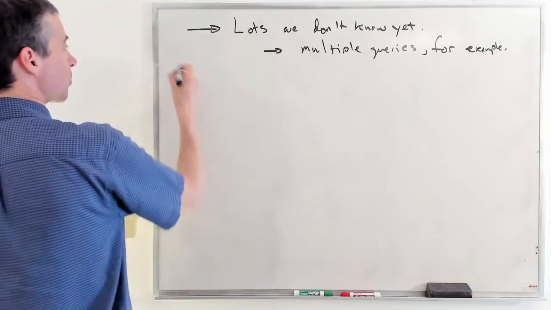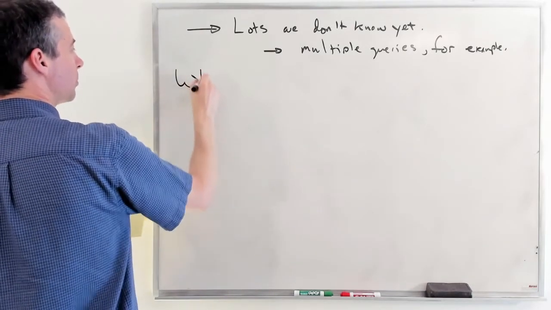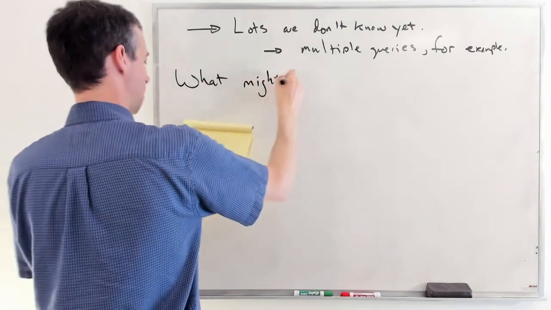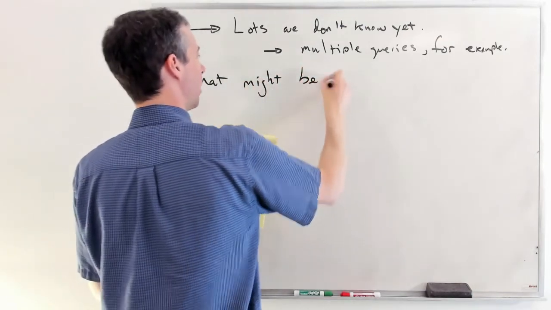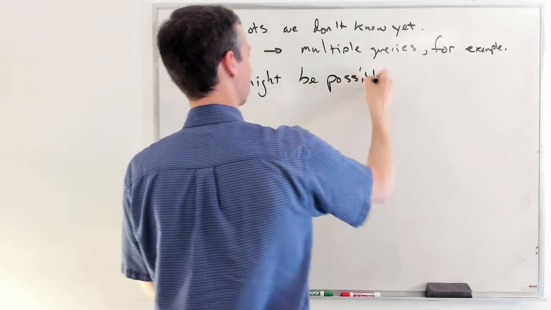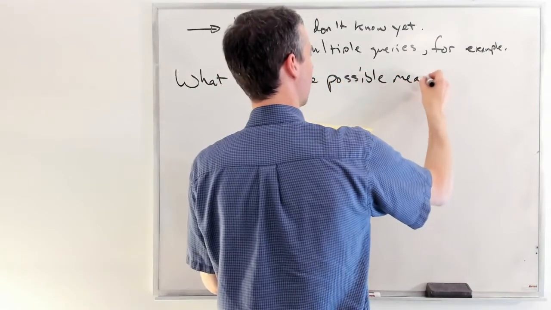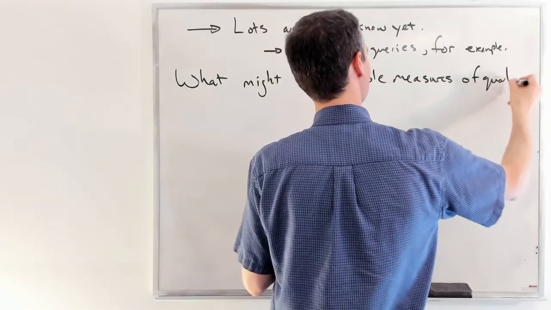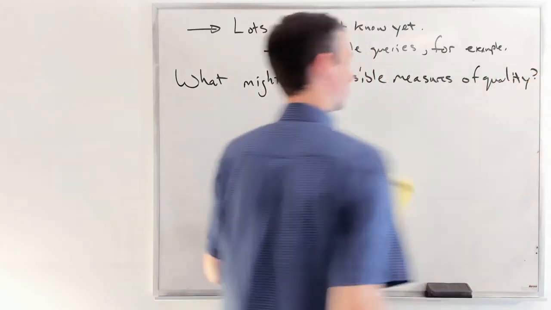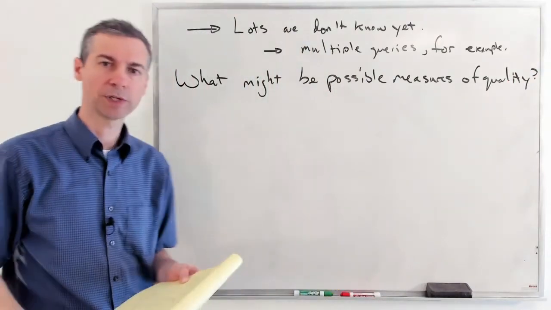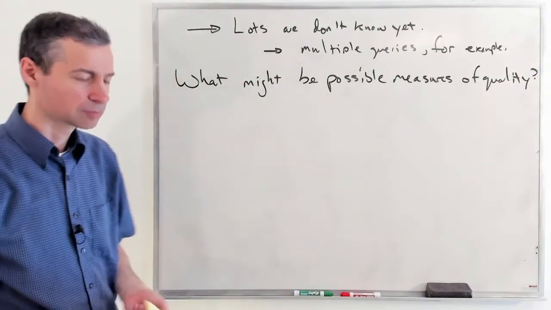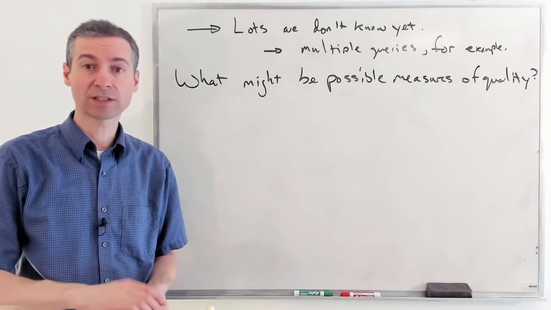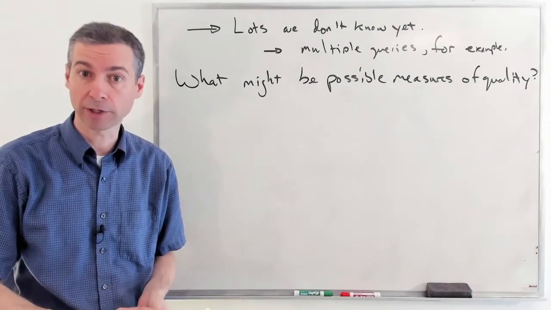All right. But then this brings us to the big point, which is what might be possible measures of quality? What could we actually do to measure whether the search engine is working well or not? Think about, by the way, again, the old-fashioned, classic search engine called the library.